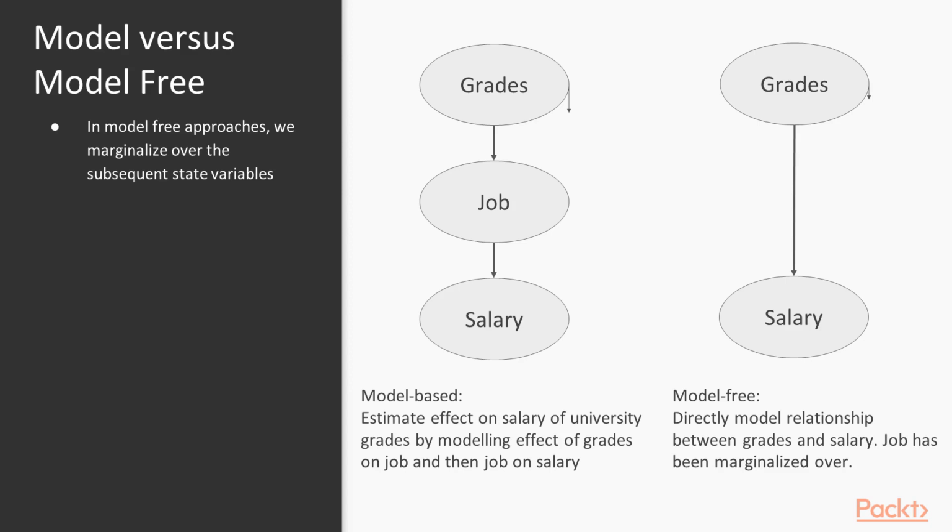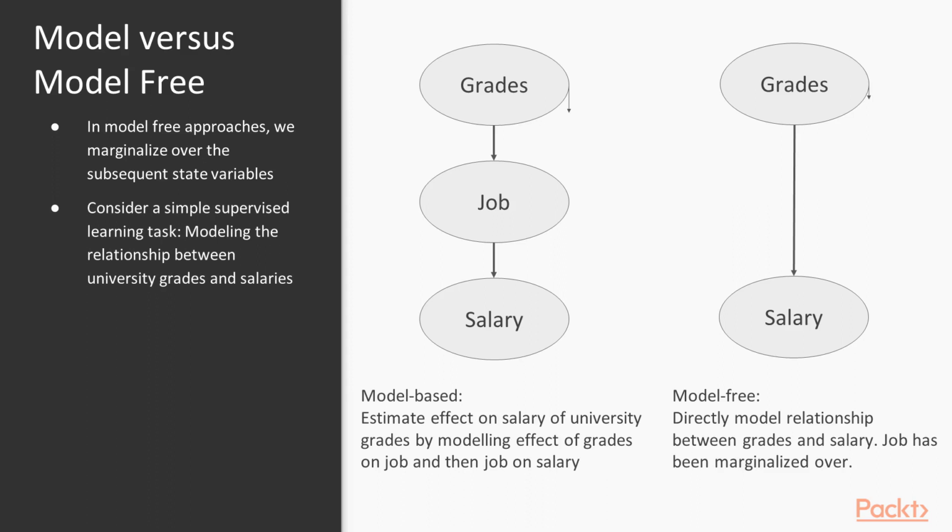We could model the relationship between grades and jobs, then the relationship between jobs and salary, and work out the relationship between grades and salary by performing inference on this chain. But of course, we could just collect data on grades and salary and model these two directly, model the correlation between grades and salary while ignoring this intermediate variable of which job you hold. There's still going to be correlations between grades and salary. We don't need to explicitly model the intermediate variable job.